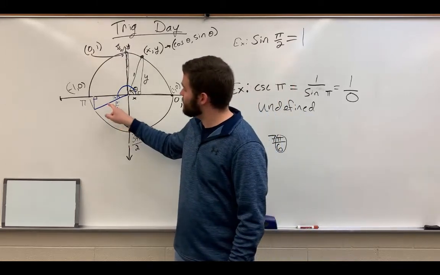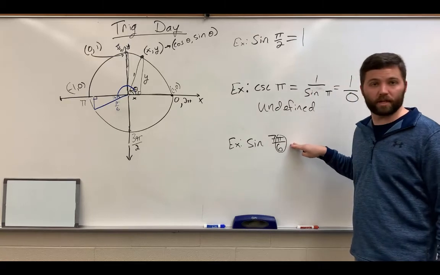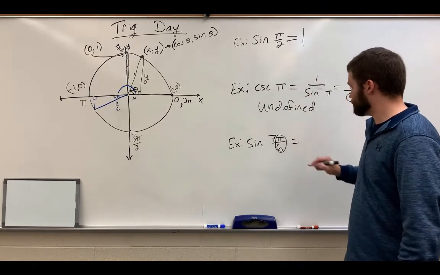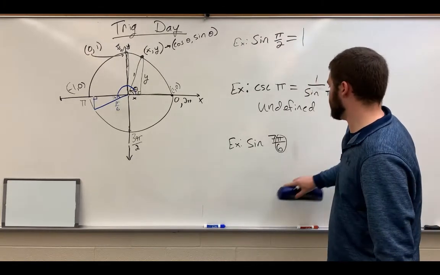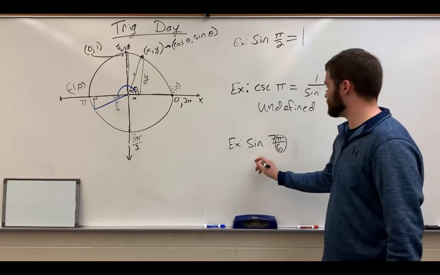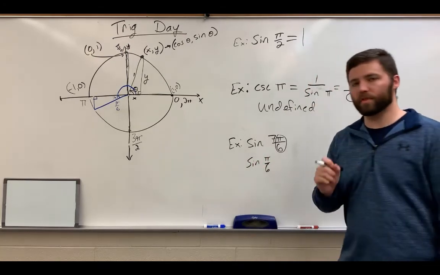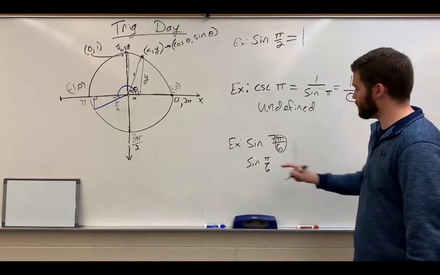If sine is negative in this quadrant, then the original problem will be negative as well. Okay, so let's do math here. Sine of 7 pi over 6 is going to be the same as sine of pi over 6, with the exception possibly of a negative sign. So let's figure out what sine of pi over 6 is.